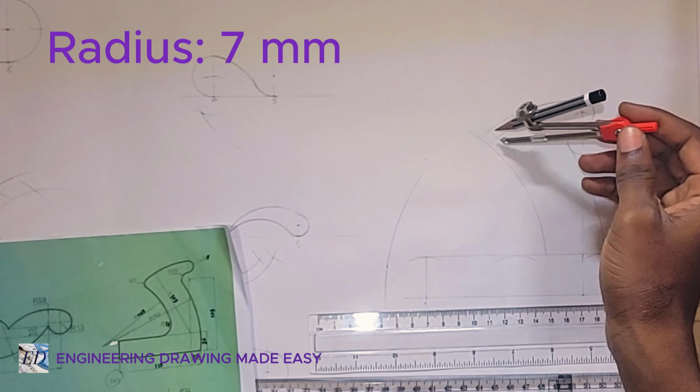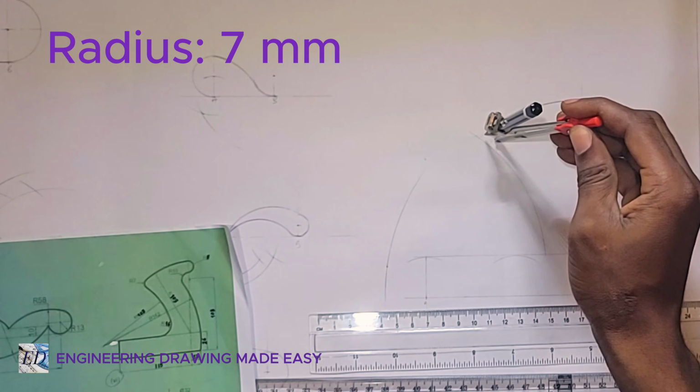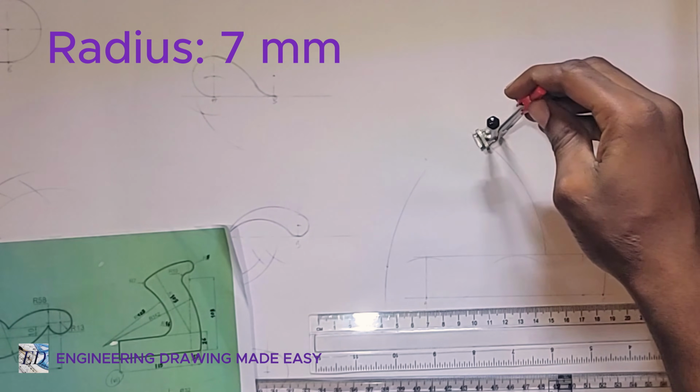Now we've already located a center, so with radius of 7 at the center.